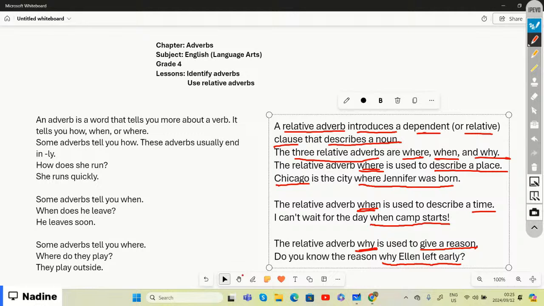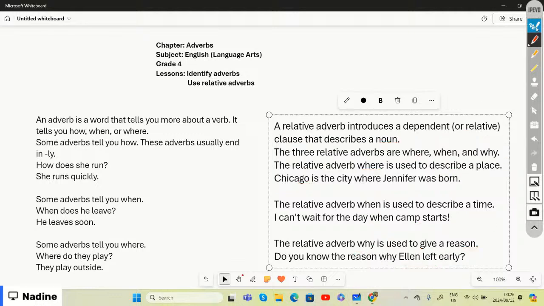Because you are now giving us a reason why. And that is relative adverbs why that gives a reason. We said relative adverbs when tells us the time, and relative adverbs where describes a place.